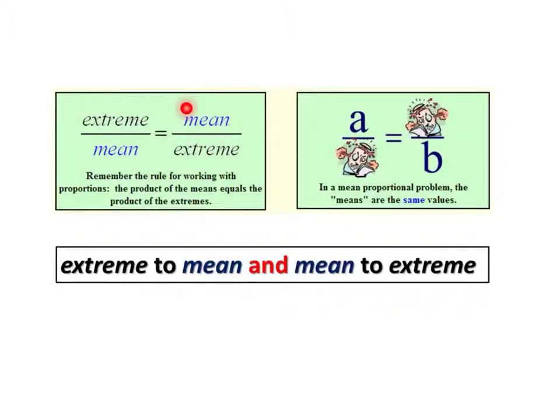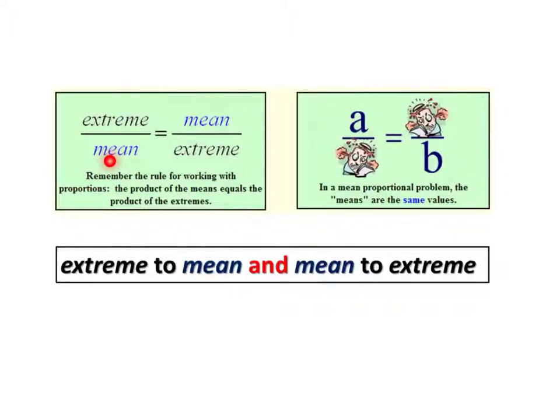So it really doesn't matter whether the extremes are here or here, but you multiply the extremes and you divide by the mean. And here's a cute little example here. Here are the means. We're going to multiply the means and then divide by an extreme. And if you have a proportion, if you multiply the extremes and multiply the means, you get the same number.